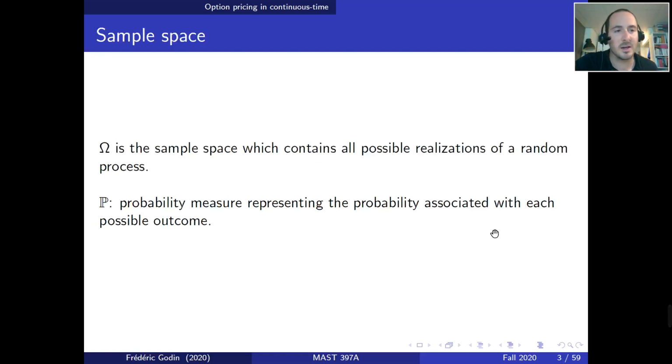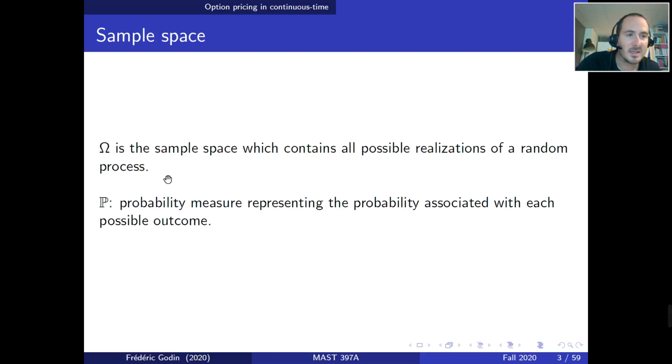Here we're going to introduce a bit of notation first. Omega here is the sample space which contains all possible realizations of random outcomes. For example, if you've seen that in a probability class, if you roll a dice, then there are 6 possible outcomes, so you can call them omega 1 until omega 6.